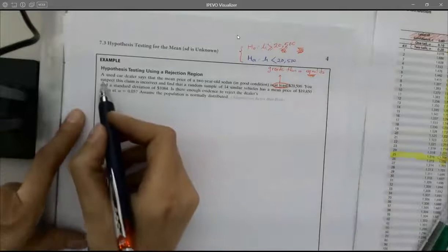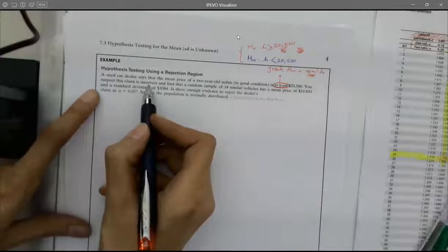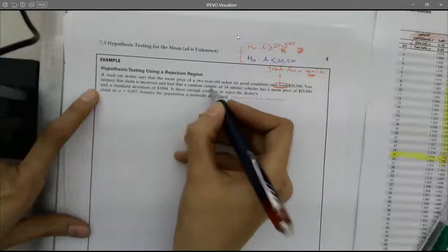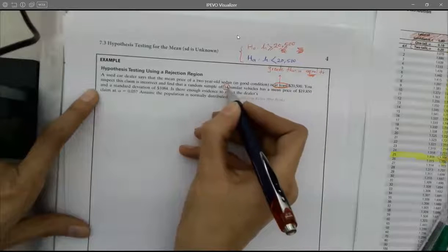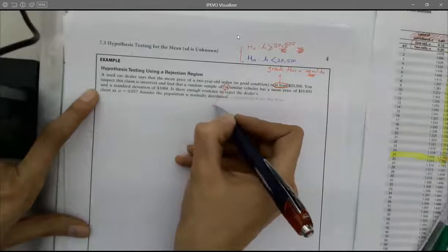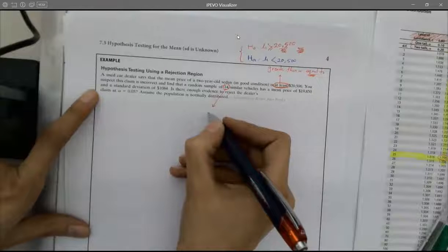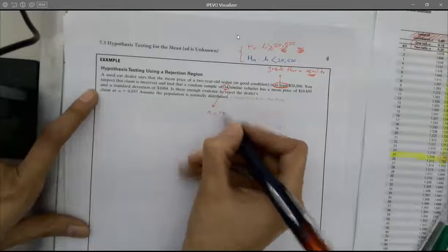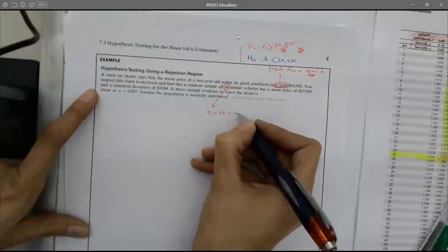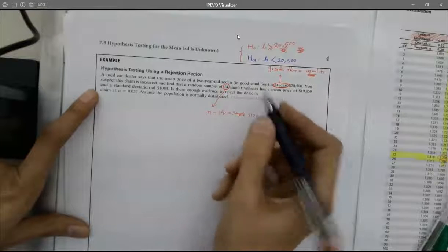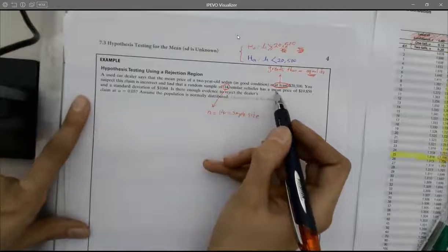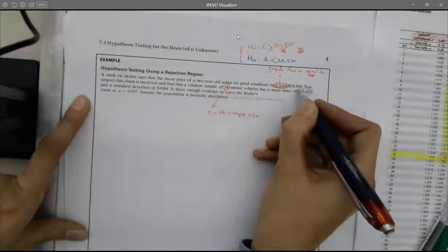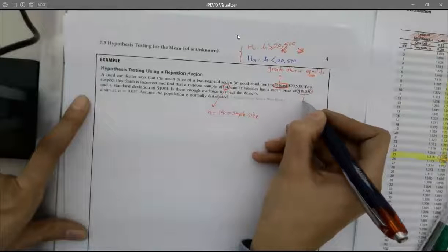So you suspect this claim is incorrect and find that a random sample of 14. So what is 14? Is it X bar? Okay, thank you very much. N, or the sample size, is 14. Similar vehicles has a mean price of 19,850. What is this number?